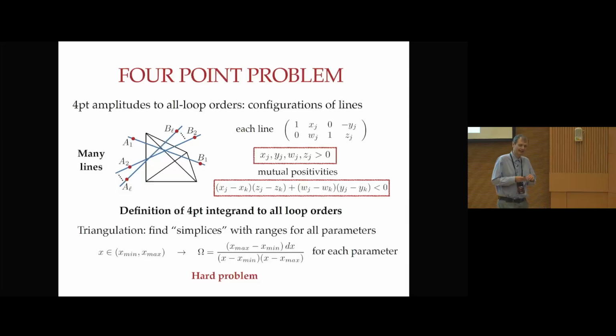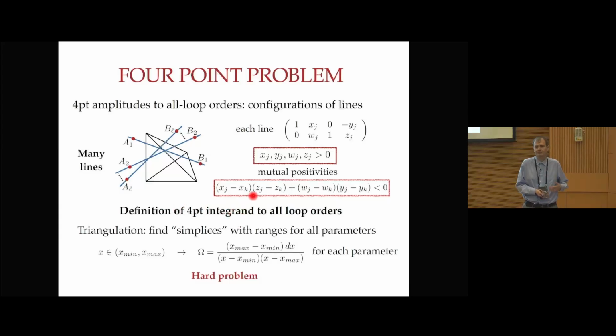So in the end, our positive geometry is given by 4L parameters, which are positive, and satisfies a number of quadratic inequalities. So this is a complicated space, but we can define it on 2 lines. And the differential form on this space gives a 4-point integrand to all loop orders.